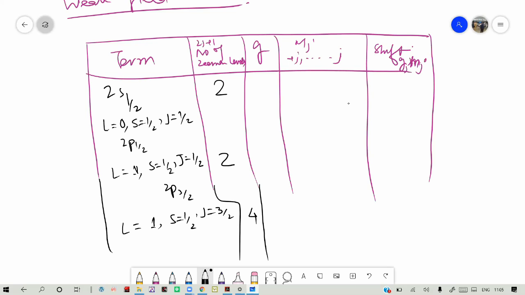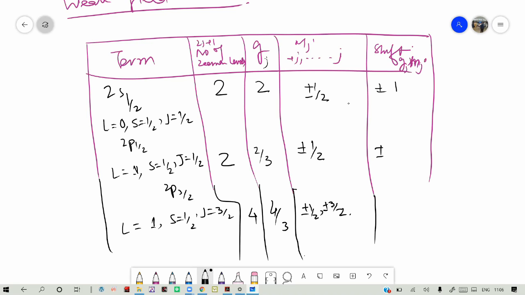Now g_J: this is 2, this becomes 2/3, this is 4/3. Then mJ: plus or minus 1/2, plus or minus 1/2, plus or minus 1/2, plus or minus 3/2. Now the shift is plus or minus 1, plus or minus 1/3, and plus or minus 2, plus or minus 2/3.